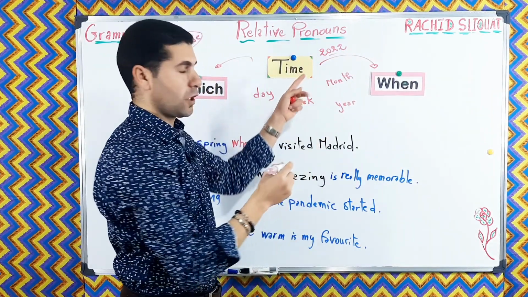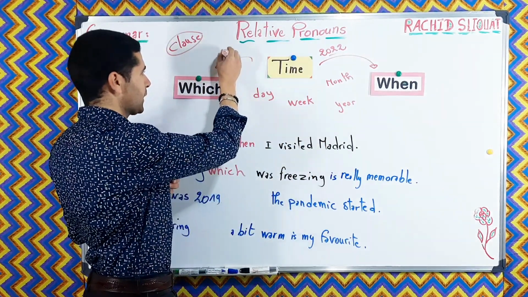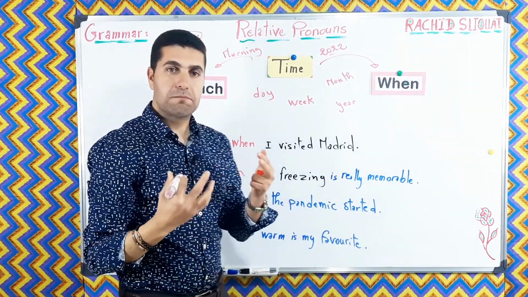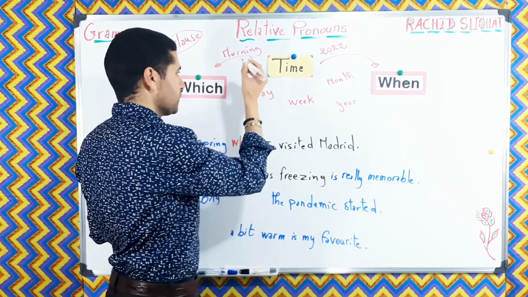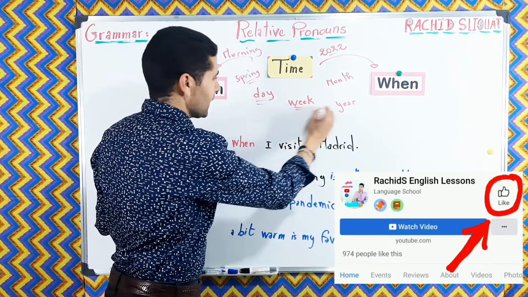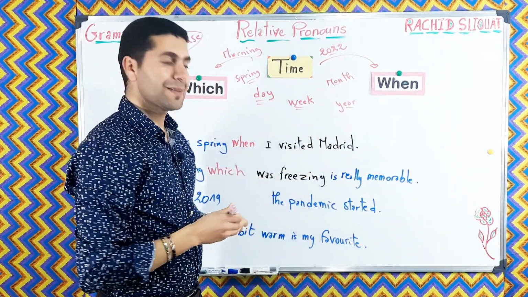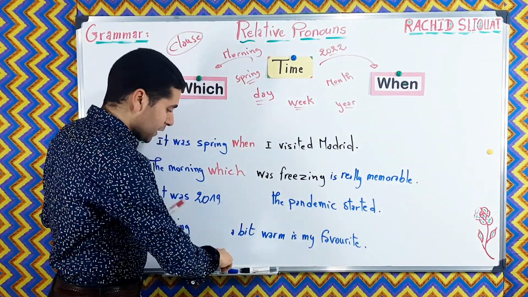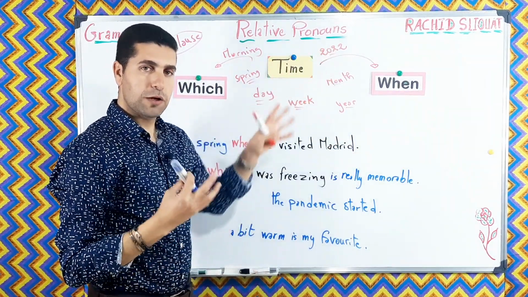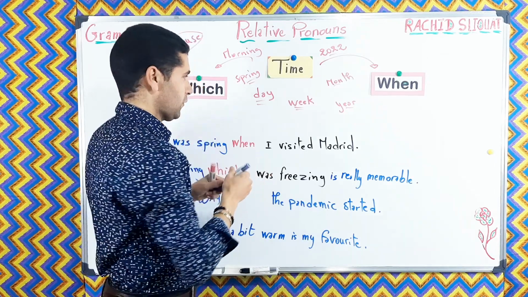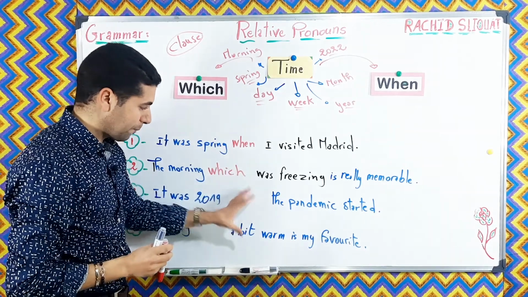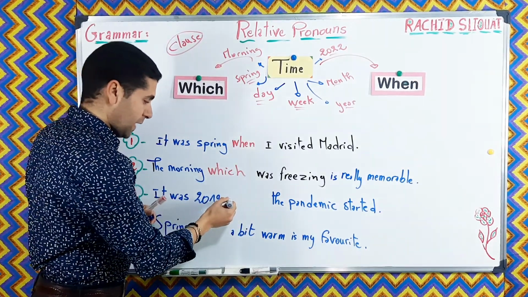We can talk about morning, or a season, for example autumn or spring. So all these are examples of time, and we can use either when or which with such time expressions. Now let's see these two very simple examples and then we complete the other sentences.